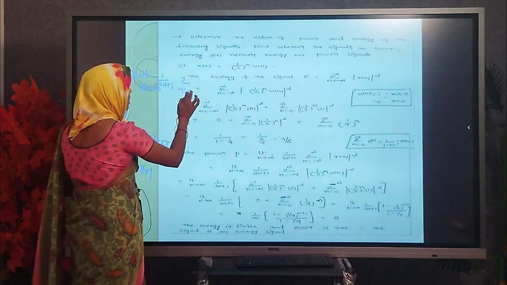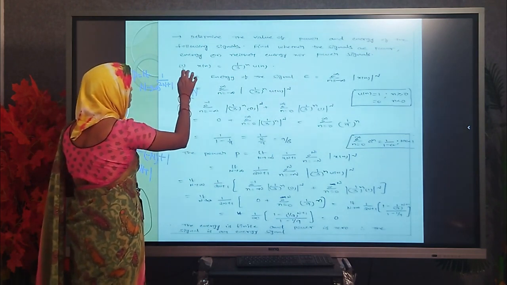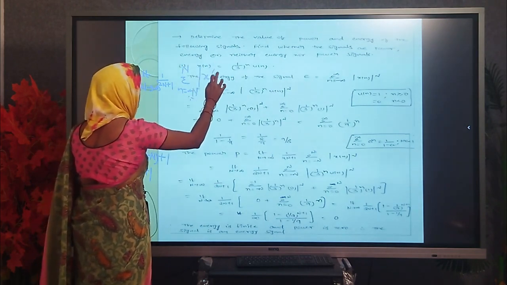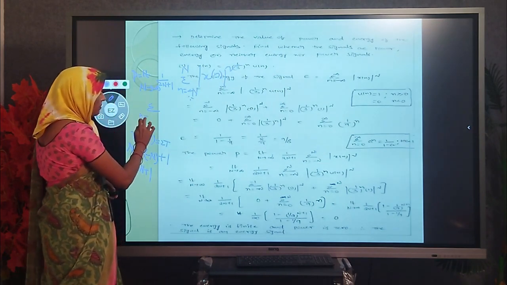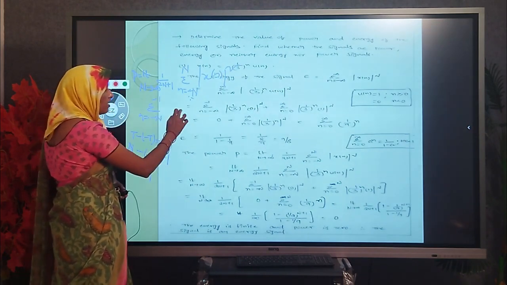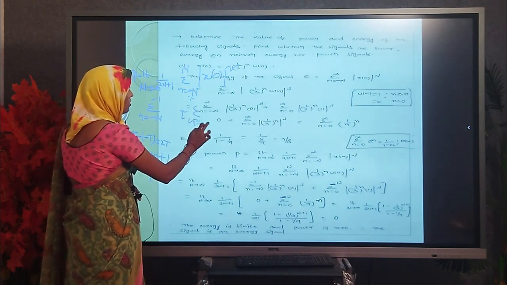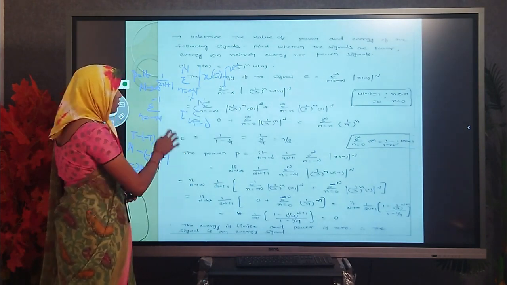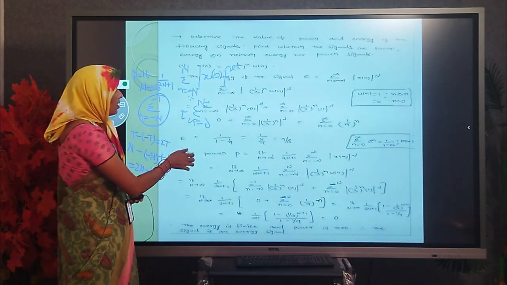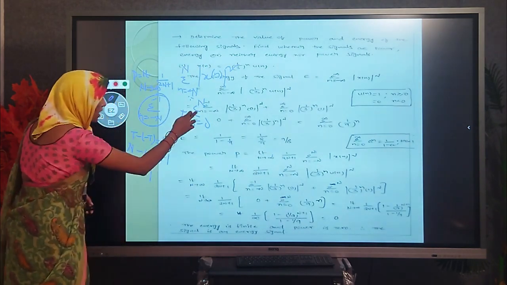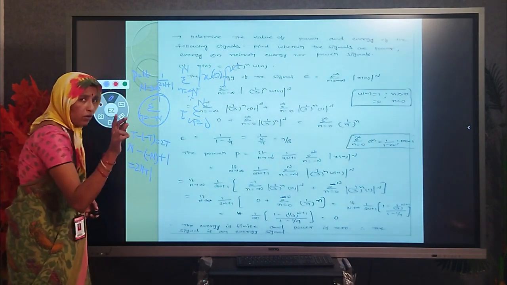Summation of n equal to minus n to n modulus of x of n whole square. Minus n to n can be split into minus n to minus 1 and 0 to capital N. Between the first interval u of n is 0, that's why the first term becomes 0. And between the second interval we have only u of n equal to 1.